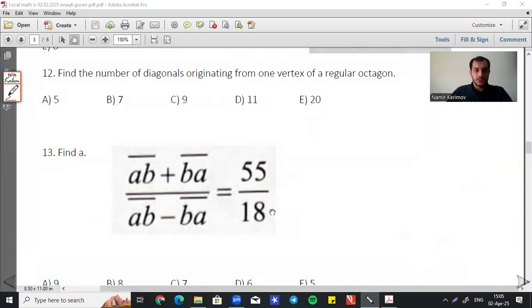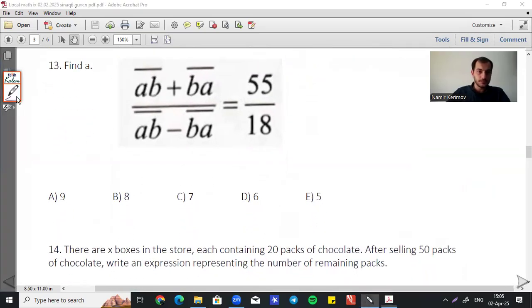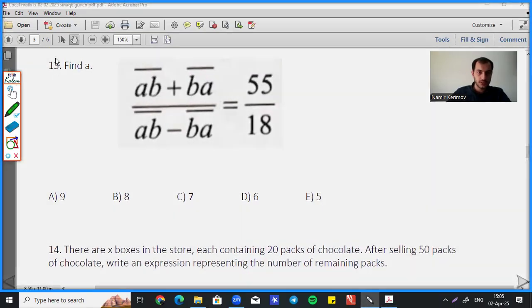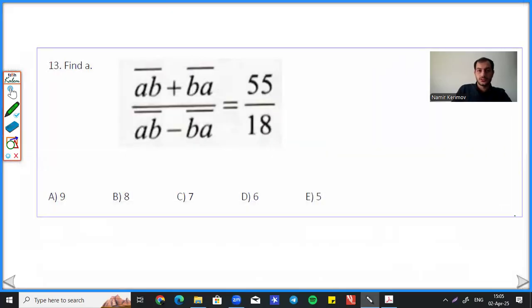Now question 13. We know that AB, or here it's given BA, are 2-digit integers.